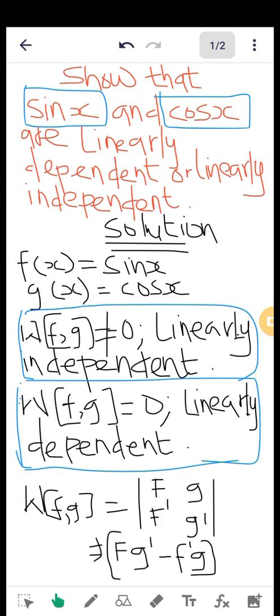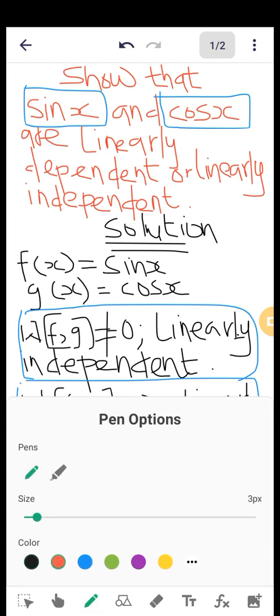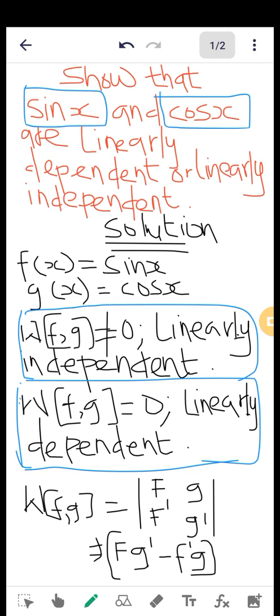Then after that, we find the determinant. We multiply the leading diagonal, then we subtract from it the multiplication of the other diagonal.